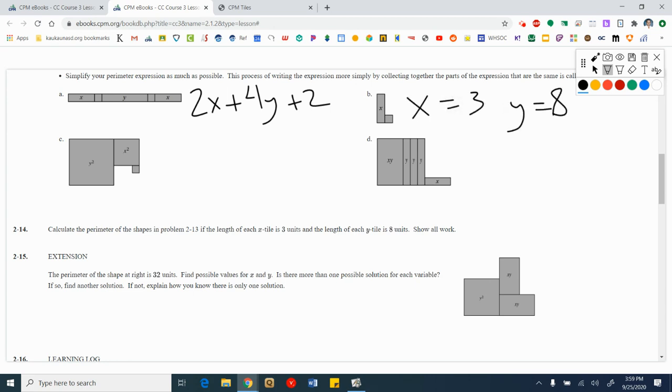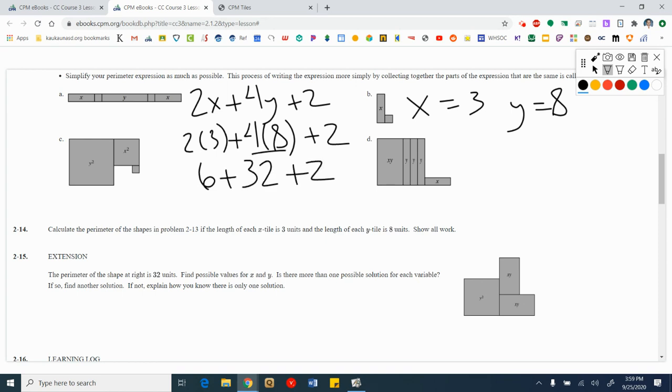We're going to put a 3 in for x, so 2 times 3 plus 4 times 8 plus 2. Well, 2 times 3, I get 6. 4 times 8, I get 32, plus 2. Add them up. 6 plus 32, I get 38. 38 plus 2, I get 40.